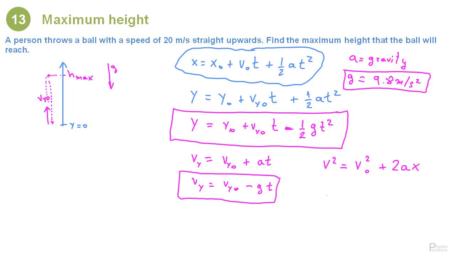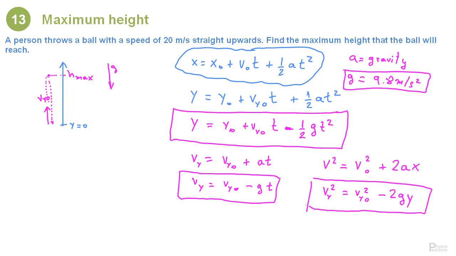In our case, this becomes Vy square is Vy initial square minus 2gy. So here is our third expression. So you can see these are not new formulas. These are the same formulas we had before, but we are changing a few labels, and we are explicitly telling the formulas that the acceleration is equal to minus 9.8 meters per second square.